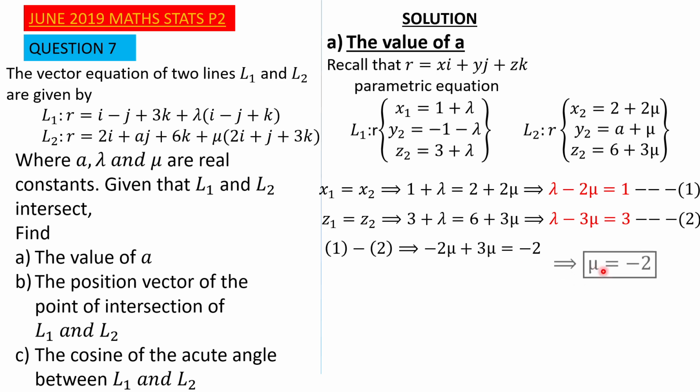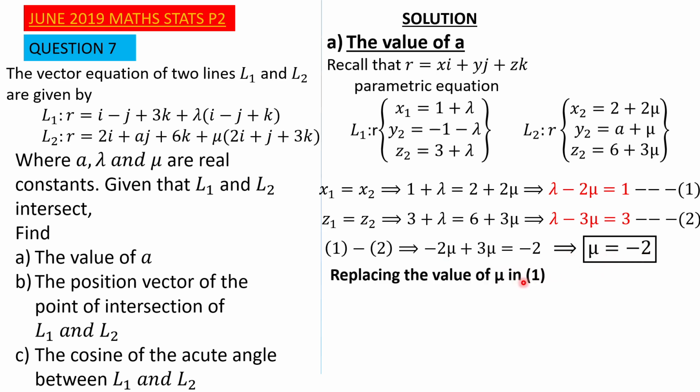So mu is equal to negative 2. Now we replace the value of mu in equation 1. I'll get lambda plus 4, because negative 2 times negative 2 is 4, equals 1. We imply that lambda is equal to negative 3.